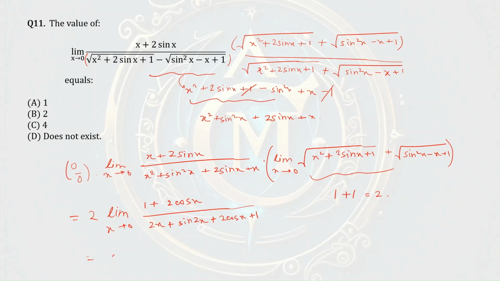So this limit becomes 2 times limit x tending to 0 will give us 1 plus 2, that is 3 in the numerator, and in the denominator it will give us 0 plus 0 plus 2 plus 1, so again 3. So our answer becomes simply 2. So 2 is the correct answer. That means option B is the correct option.